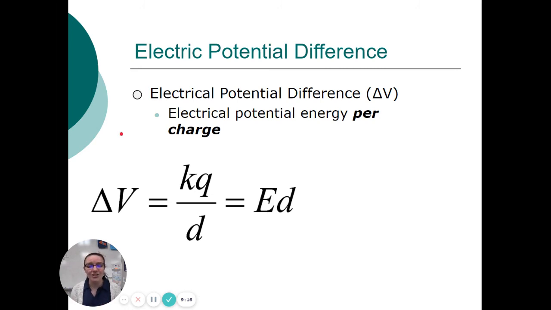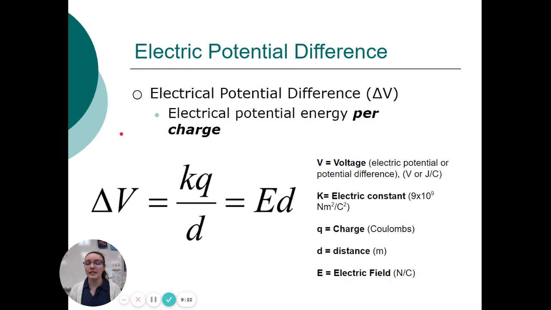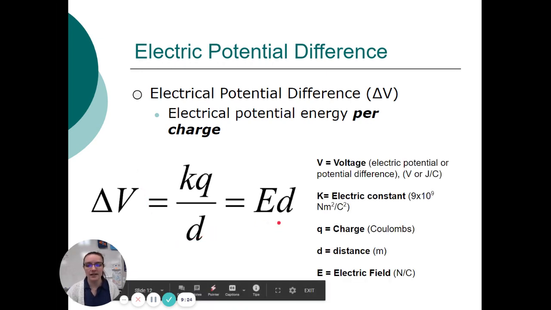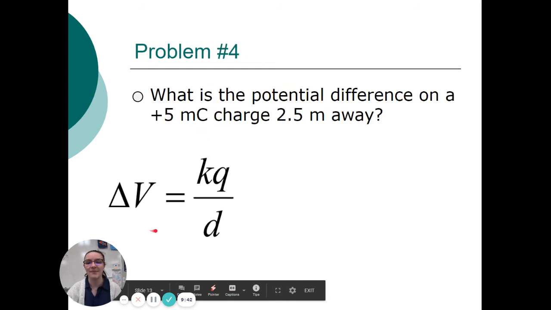And the change in potential, or the potential difference, is here given by the field E times the distance that you move something, or KQ over D. Again, K is that electric constant, Q is the charge, and D is the distance. And that will give you electric potential, the potential difference, or the voltage, V. All of those are referring to the same idea.